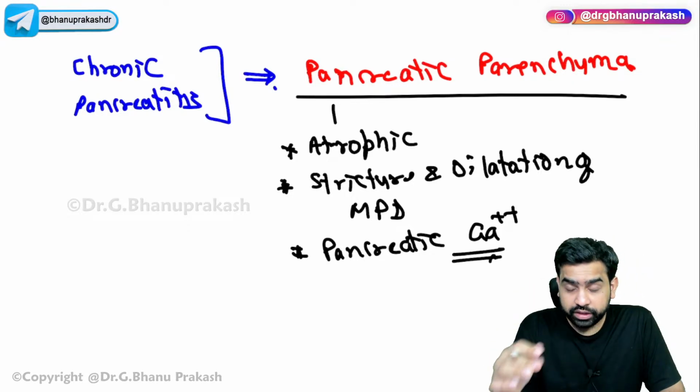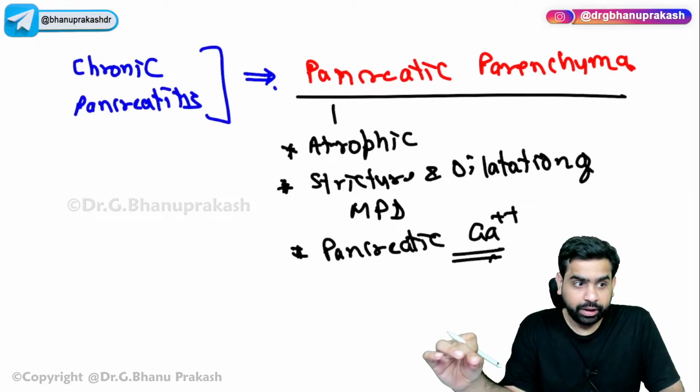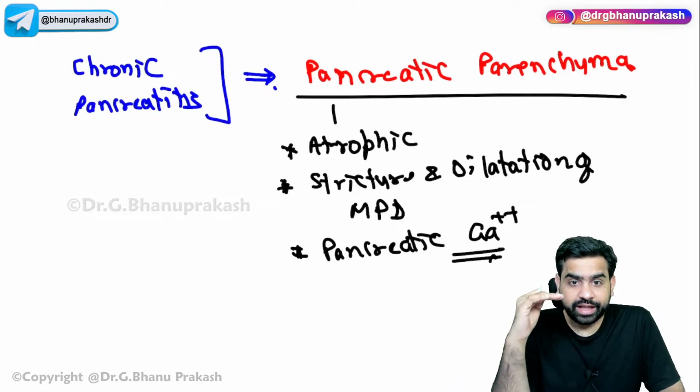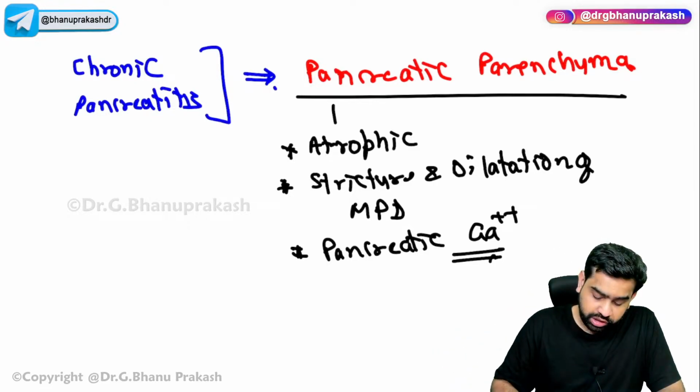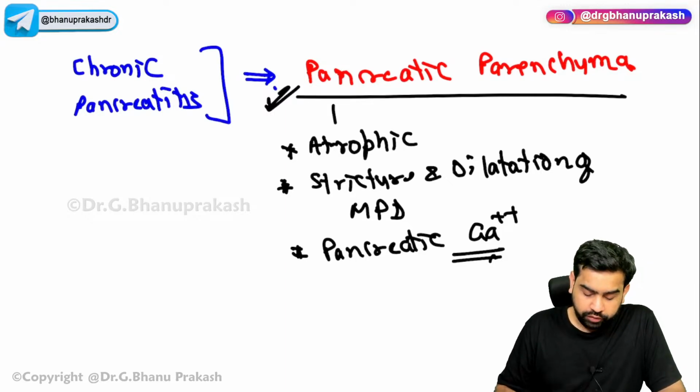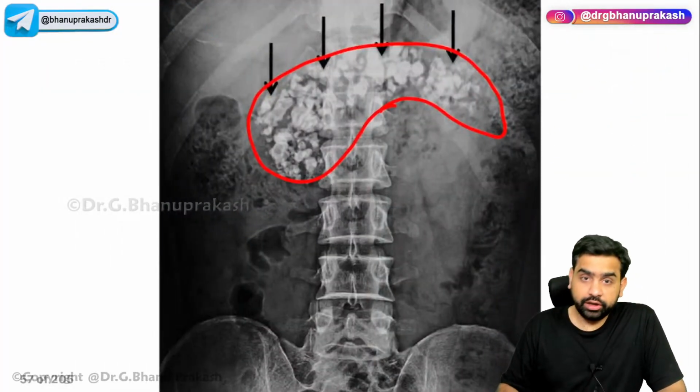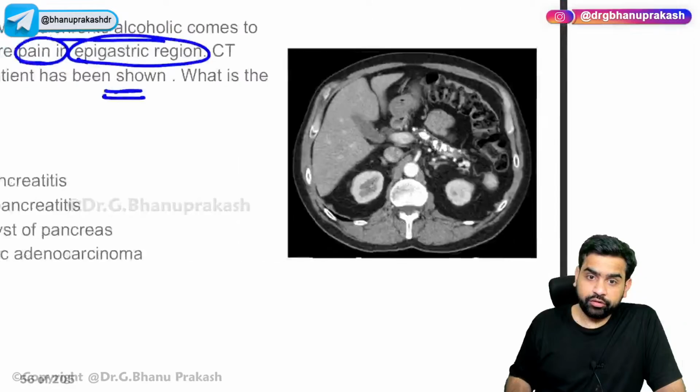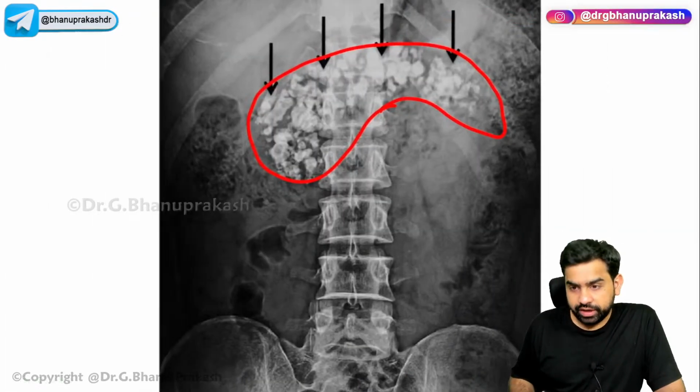These are the features of chronic pancreatitis. So whenever you get this much calcification in the pancreas, what is the diagnosis? The diagnosis is definitely chronic pancreatitis.